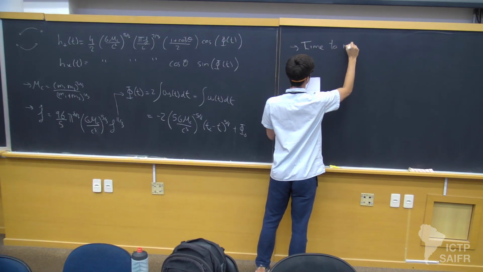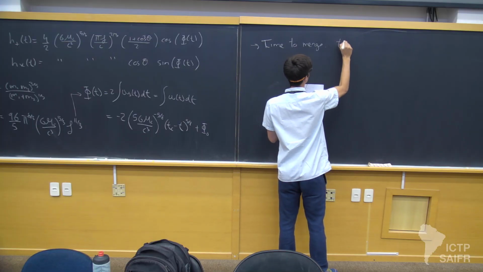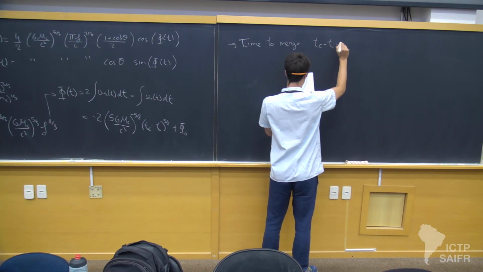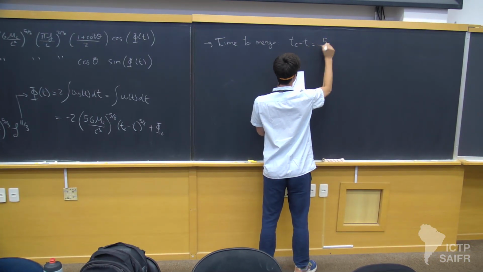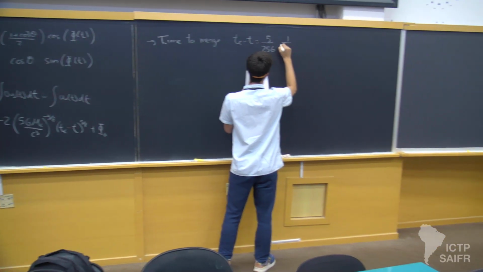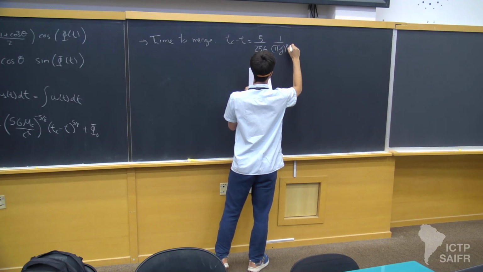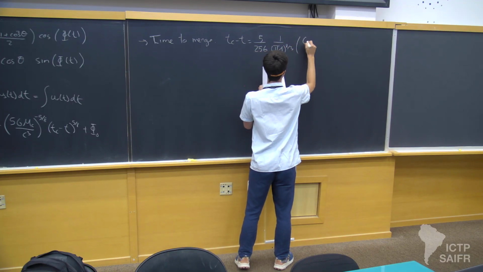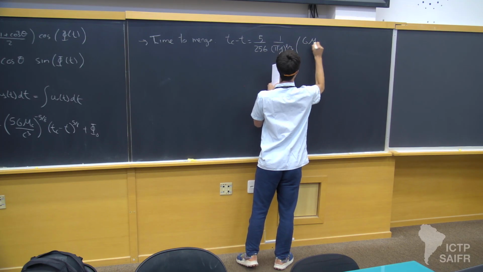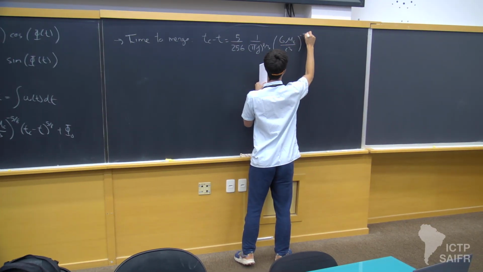The time to merge for a given gravitational wave frequency is given by 5/256, 1 over f to the 8/3, and then G M chirp over c cubed to the minus 5/3.